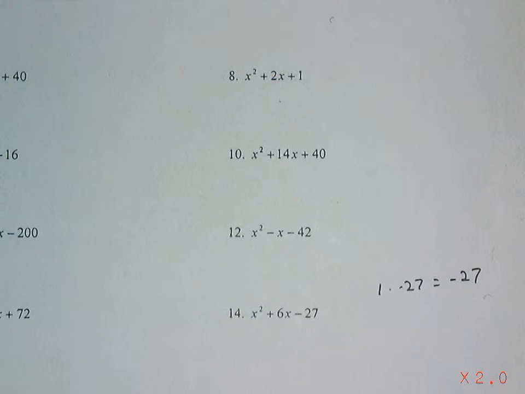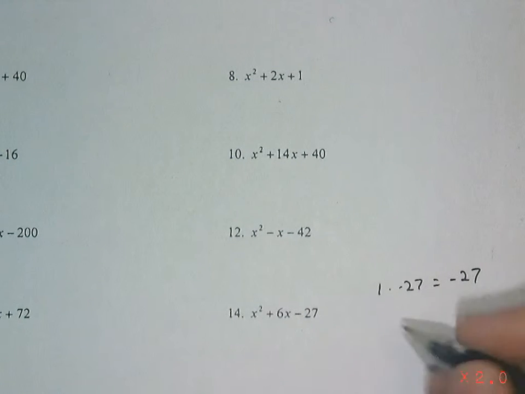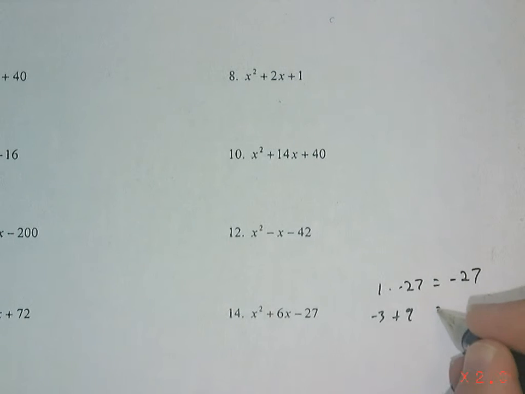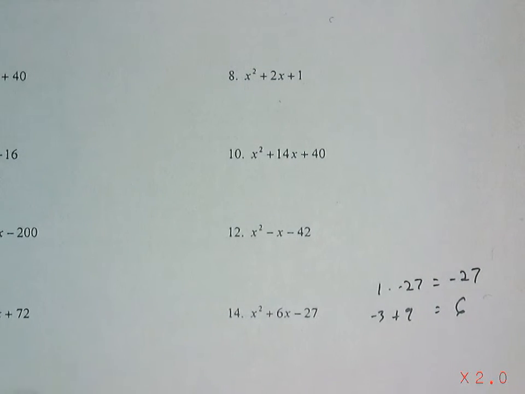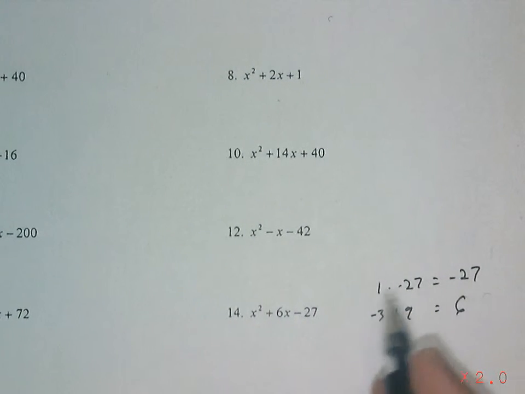I can only think of one pair, and it would be 9 and 3, right? So if I do a positive 9 and a negative 3, negative 3 plus 9 would equal a positive 6. Good. So that works.